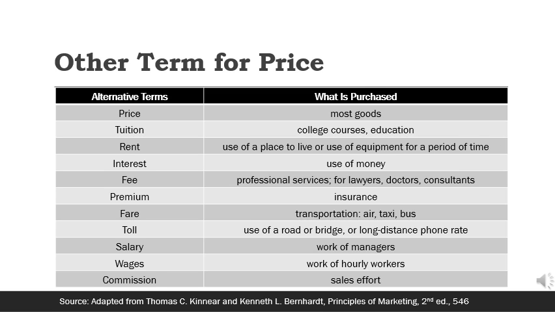Toll is then used as an alternative term for price when paying for the use of a road or bridge, or long distance phone rate. When paying for the work of managers or employees, the alternative term for price is salary. On the other hand, the alternative term for price when paying for the work of hourly workers is wages. Last but not the least, commission is the alternative term used for price when granting payment for every sale or deal that a salesperson has closed.